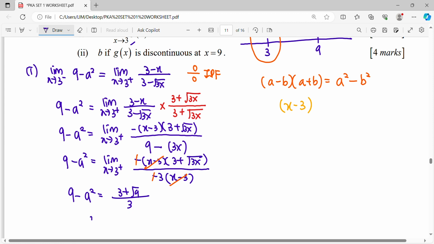So what's your a squared here? Your a squared will be equal to 7. So your a, when you solve your quadratic, remember you have two answers, positive and negative √7.